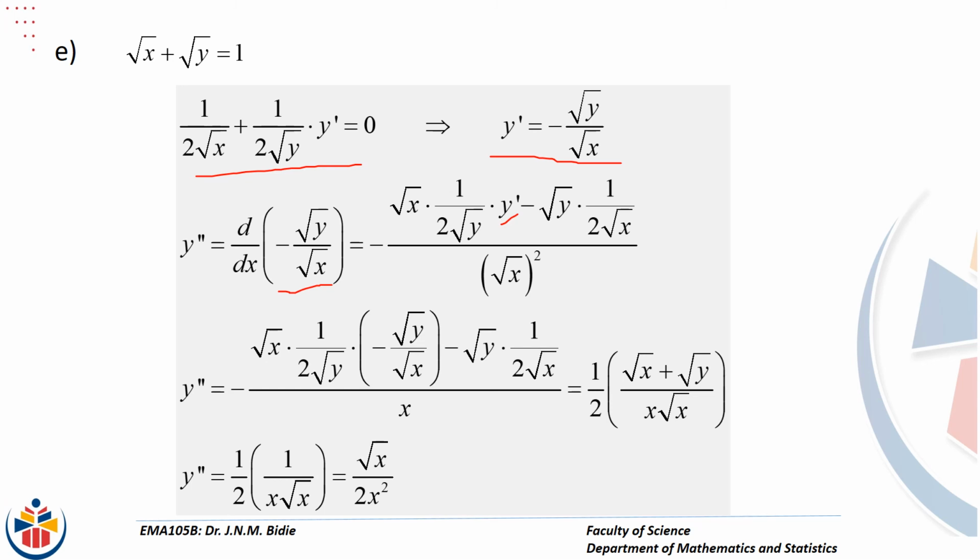Substitute the expression for y prime in and simplify. The answer I got is the square root of x divided by 2x squared after simplification. Please check if you are going to get the same. Check each step, please.